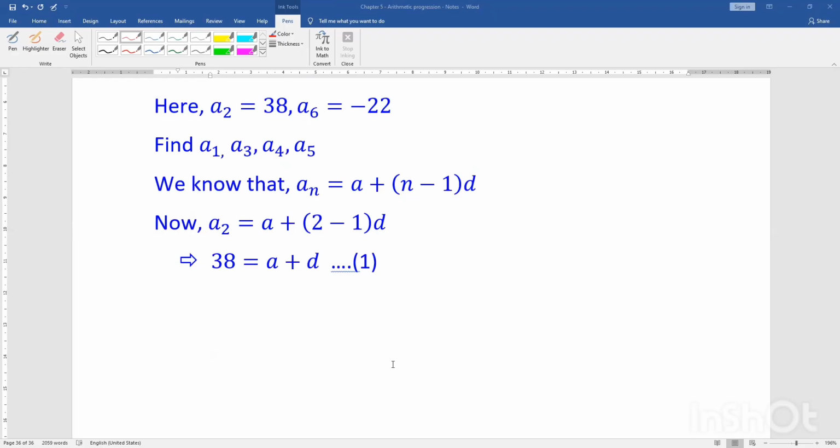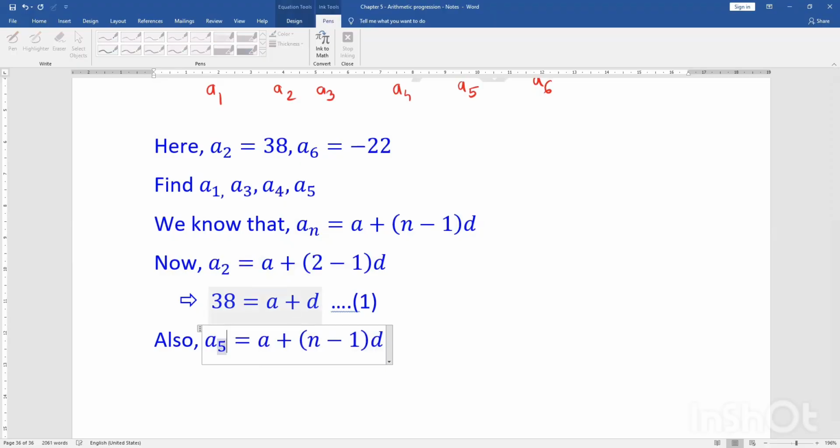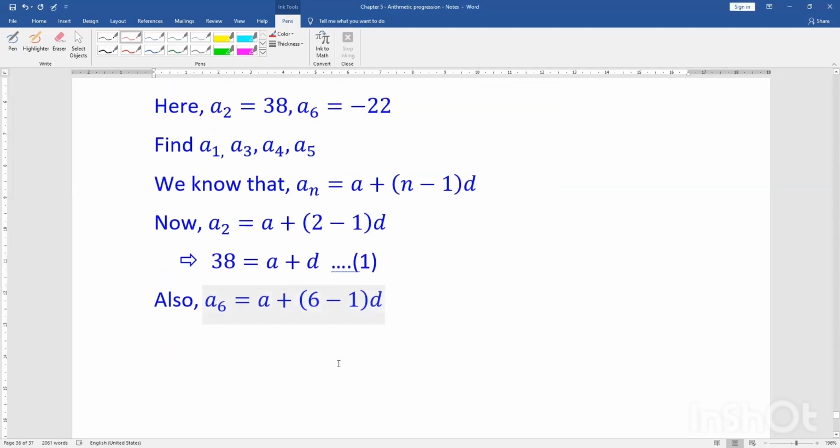Then we also write A6. A6 is minus 22. So again, I take the formula and just put n as 6. A6 is equal to A plus (6 minus 1) into D. Okay, children. And then, what is the value of A6? Here, A6 is minus 22, right?